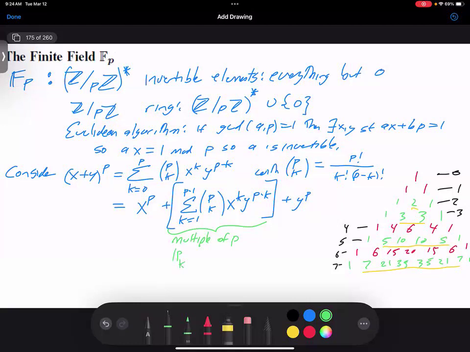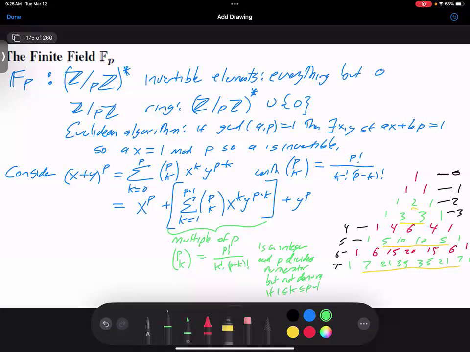P choose k, which is p factorial over k factorial times p minus k factorial, is an integer. And p divides the numerator but not the denominator, if 1 is less than or equal to k is less than or equal to p minus 1.